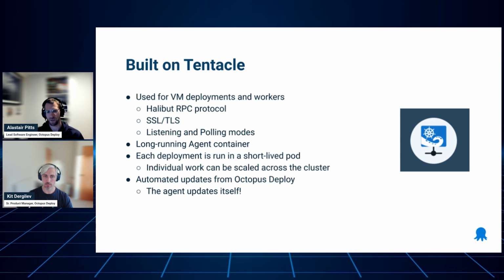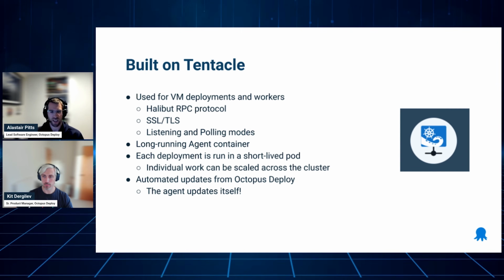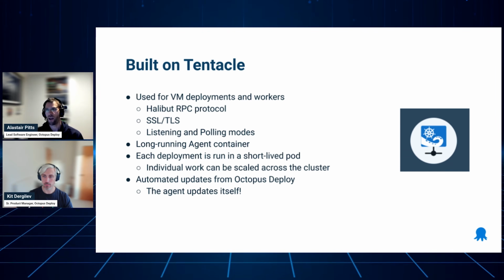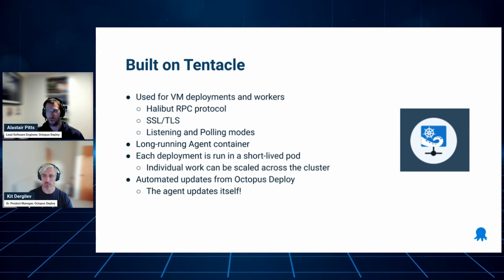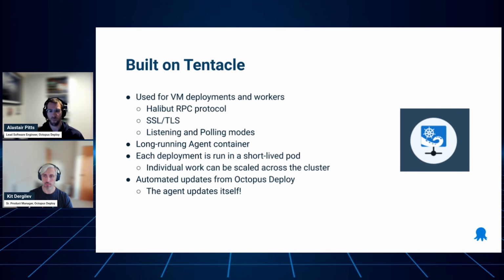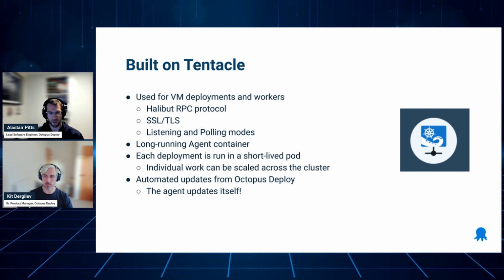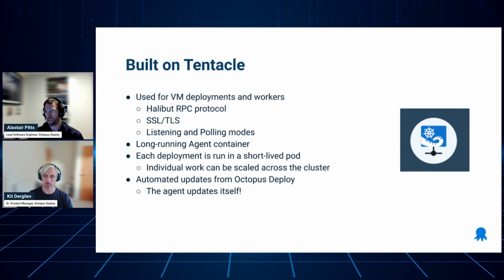Within the cluster, what we'd have is our long-running agent container, or the tentacle container. And then each deployment that occurs is an individual short-lived pod that we spin up. We have the correct tooling with that, and then we tear it down at the end of the script effectively, which is what most deployments are.